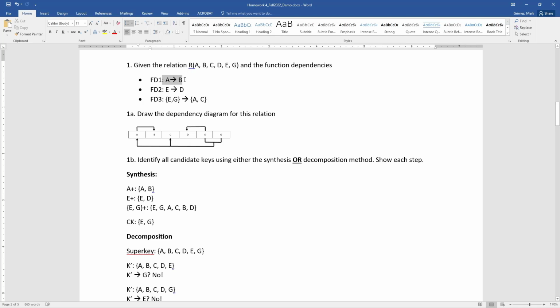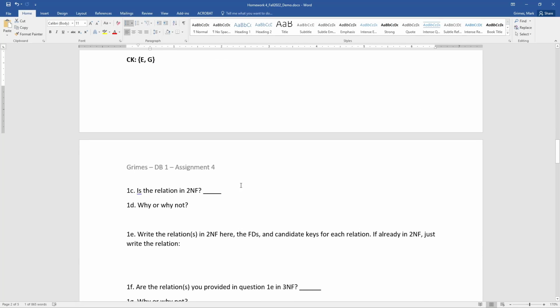So A functionally determines B, that is not a violation of second normal form, but functional dependency 2 here, E functionally determines D, well, that is a part of this candidate key functionally determining a non-key attribute. So we have a key attribute functionally determining a non-key attribute. That is a partial dependency, and that is a violation of second normal form.